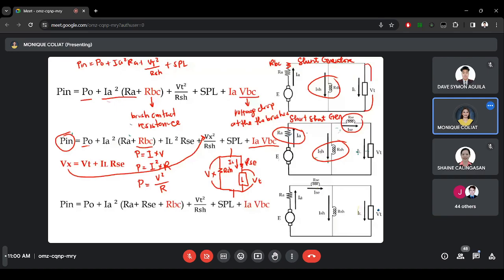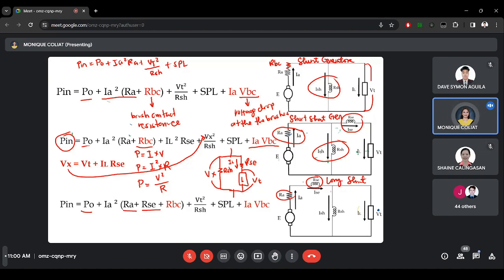How about the long shunt generator? To get the input power, we have PO, as always, plus IA squared times RA plus RSE plus RBC. Why is it RA and RSE? Because aside from RA, we have here a series field resistance which is in series with the armature resistance.